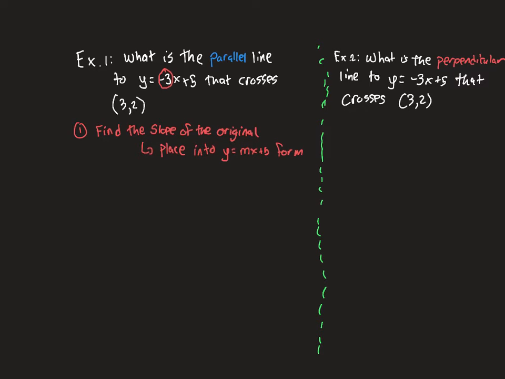In step 2, for parallel, create a new equation with the same slope, or for perpendicular, the negative reciprocal.